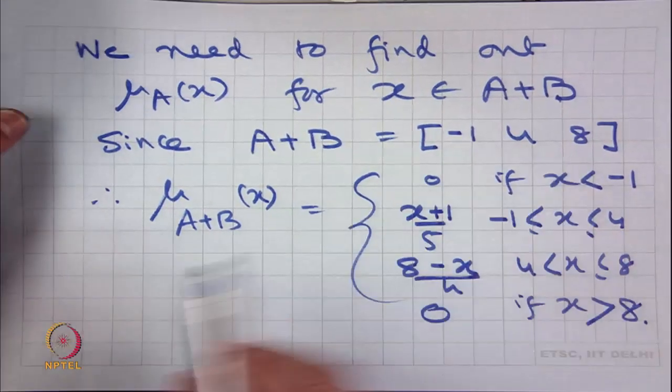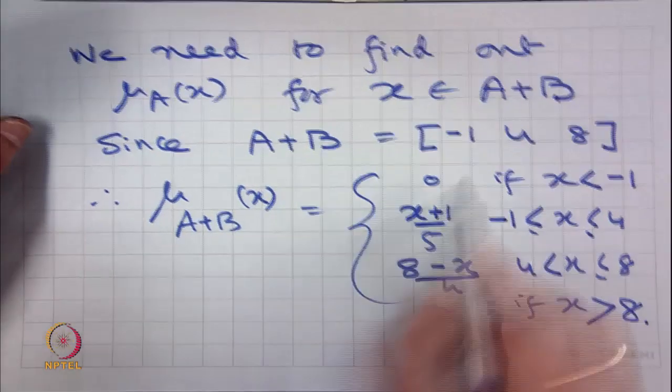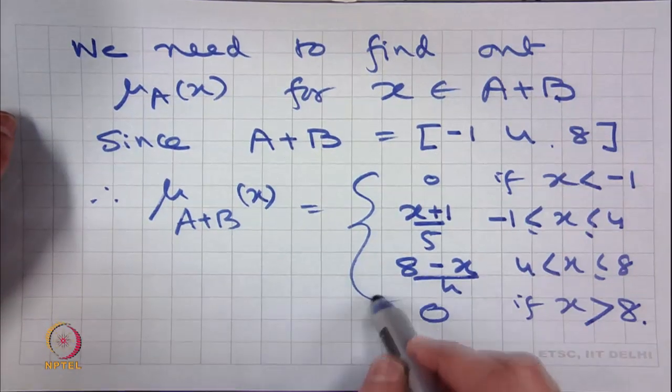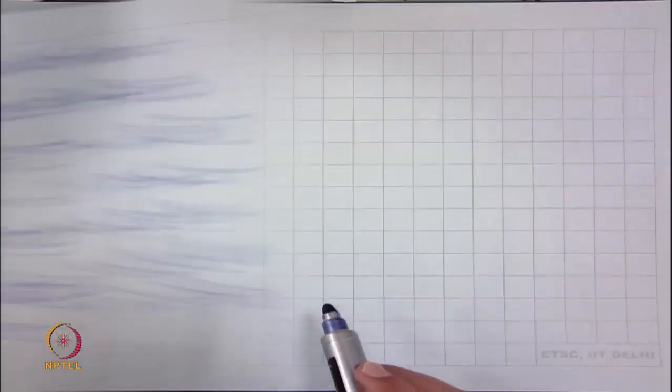Once we know the triangular fuzzy numbers, the three triples, we can easily compute the membership values.